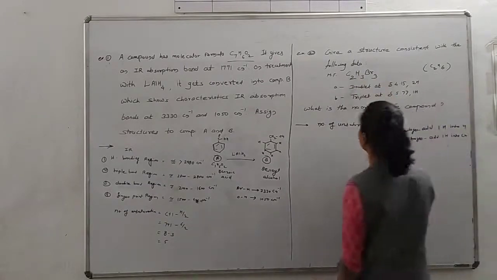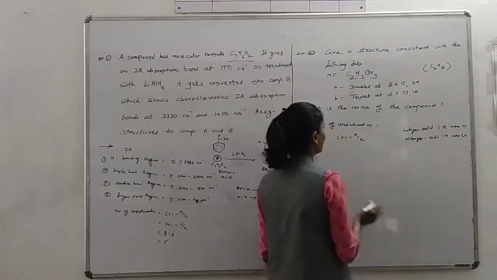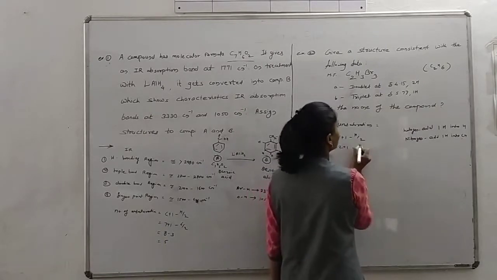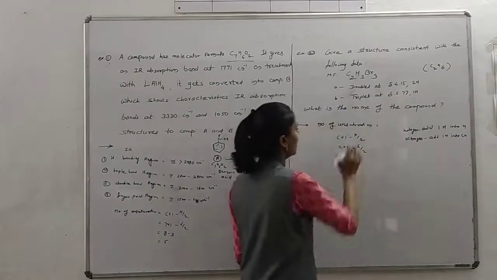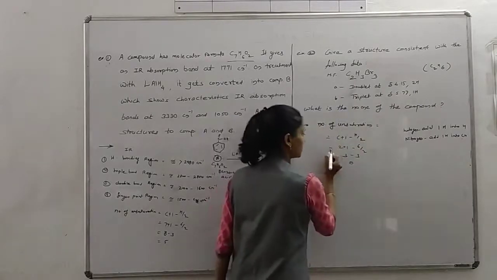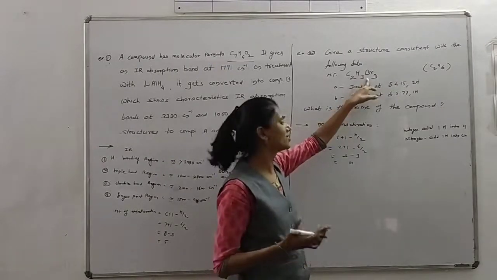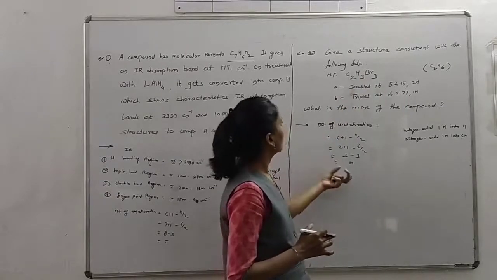Now we apply the formula C + 1 minus H by 2. How many carbon atoms? 2 plus 1 minus 6 by 2, that means 3 minus 3, that means 0. Since the halogen group is there with oxidation state 1, there is no unsaturation.